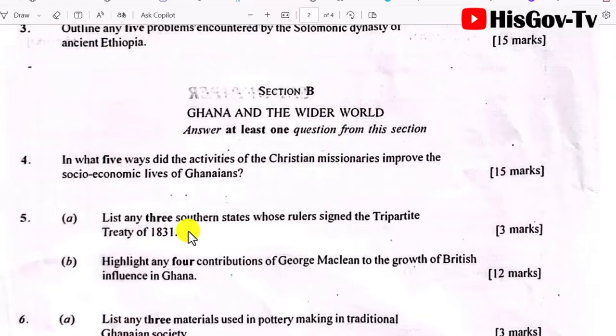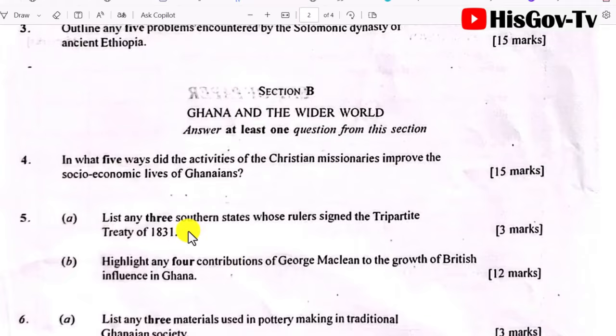He signed a peace treaty on behalf of the British.